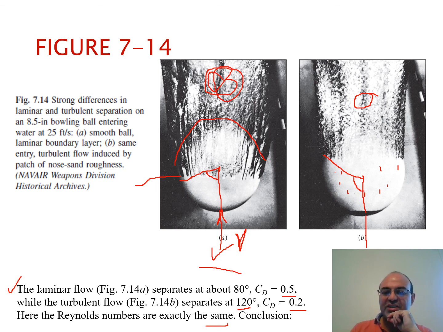So of course the drag force applied on case B is less. The drag force acting on the ball in case B is 40%: 0.2 divided by 0.5 is 40% of the drag force acting on case A.